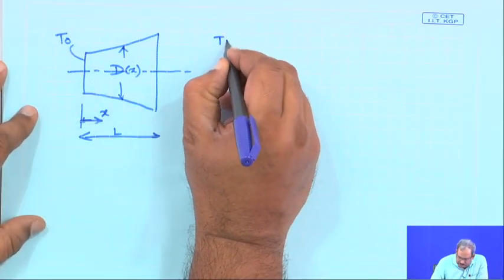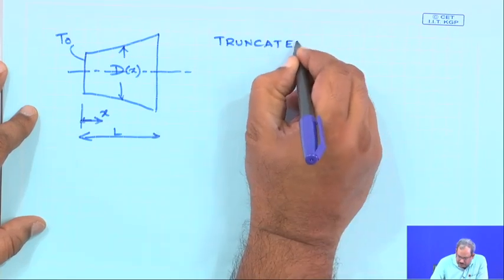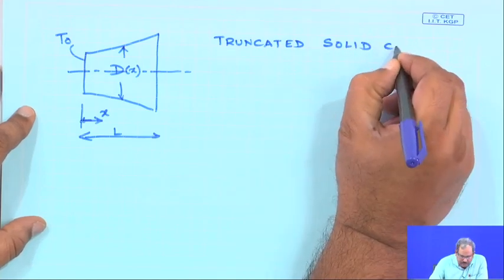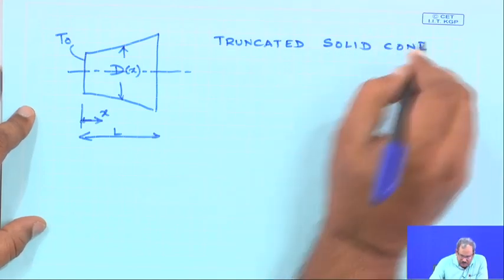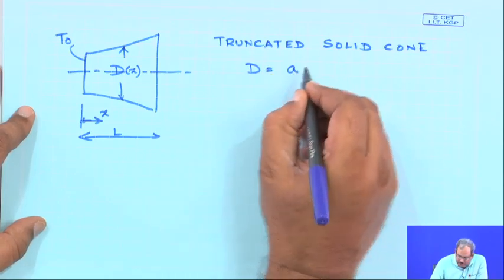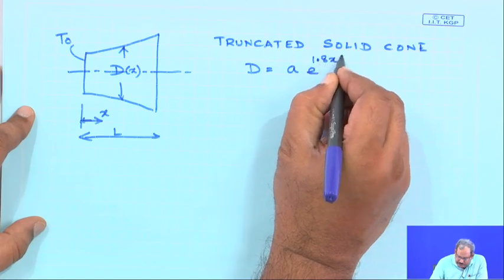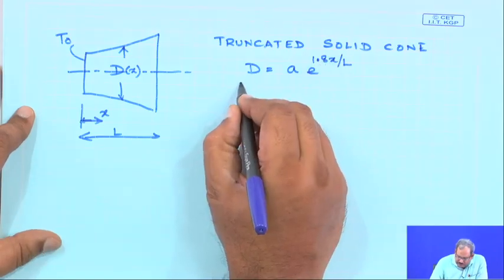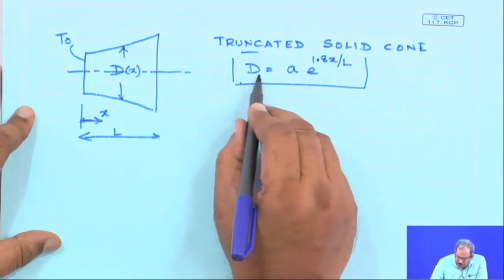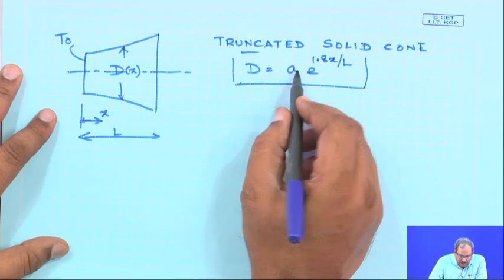This is nothing but a truncated solid cone whose diameter is changing with x, and d is a times e to the power 1.8 x by L. This is the functional form of how diameter changes with x, and a is a constant.